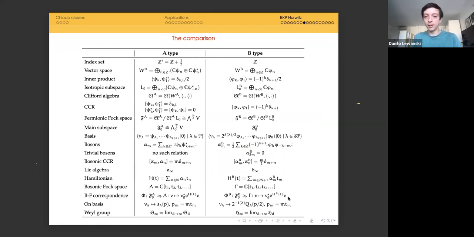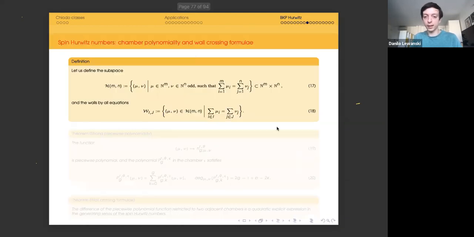So maybe this is also interesting to John or whoever wants to understand a little bit better the explicit correspondence. And one thing we could do with this commutation formula is what is called strong piecewise polynomiality and wall crossing formula. So how does it work?